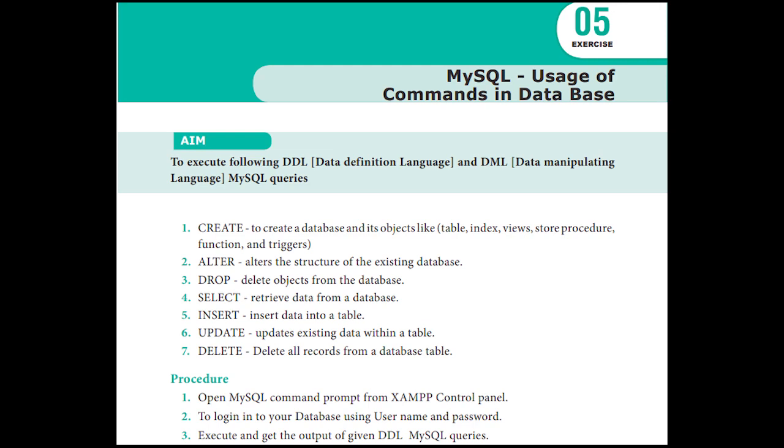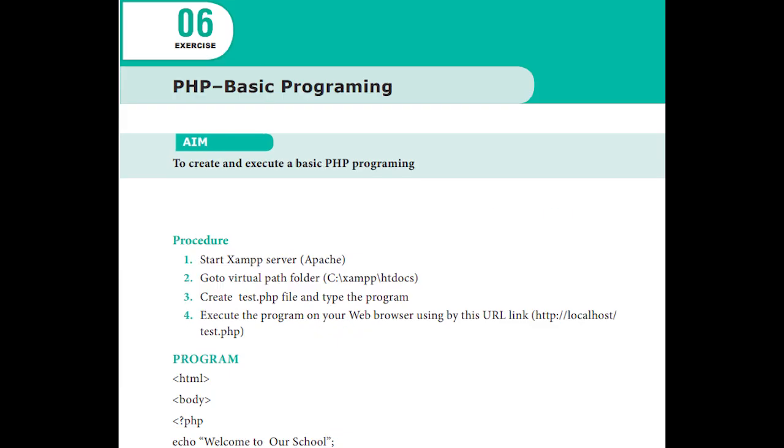This is the fifth exercise, and from the sixth exercise, it will be PHP. The sixth exercise is a basic PHP program to display a text, a color, or a number. You will be using a small function and doing this basic programming.